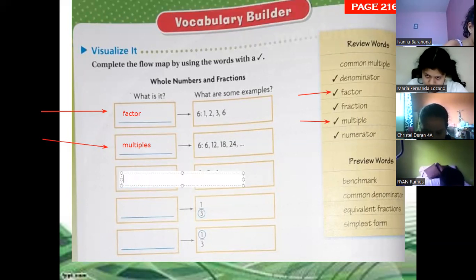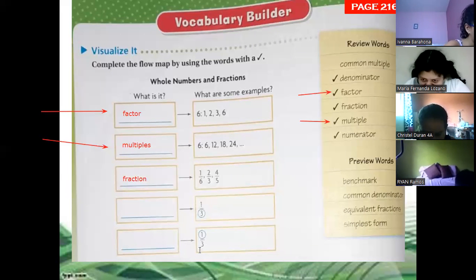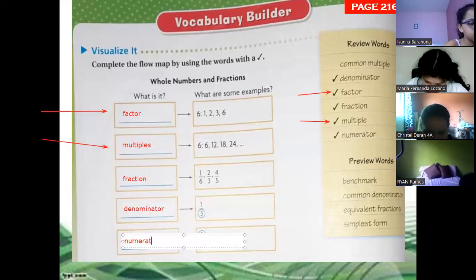Now in the next one, there is a number enclosed. What do we have to say, is this one numerator or denominator? What is the first one? The bottom number is enclosed. Numerator or denominator? Denominator, exactly. The denominator is the bottom number. So the last one is numerator.